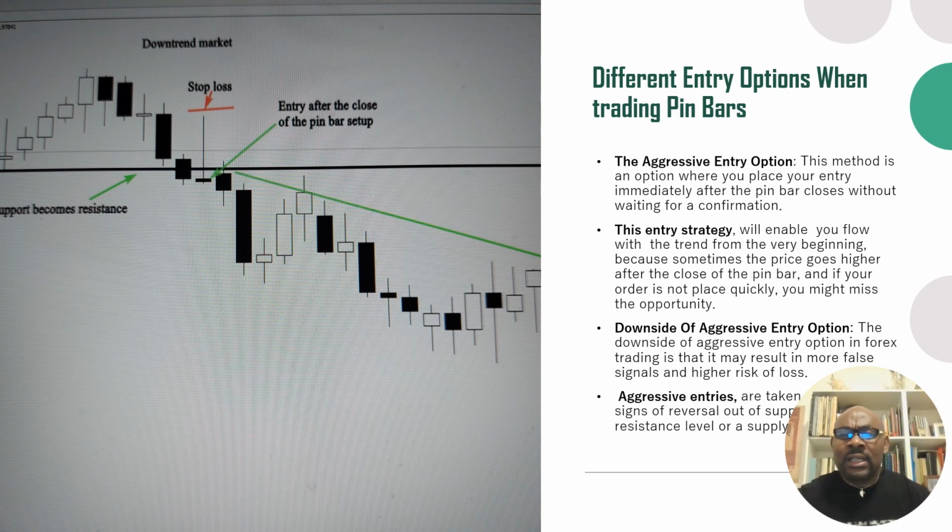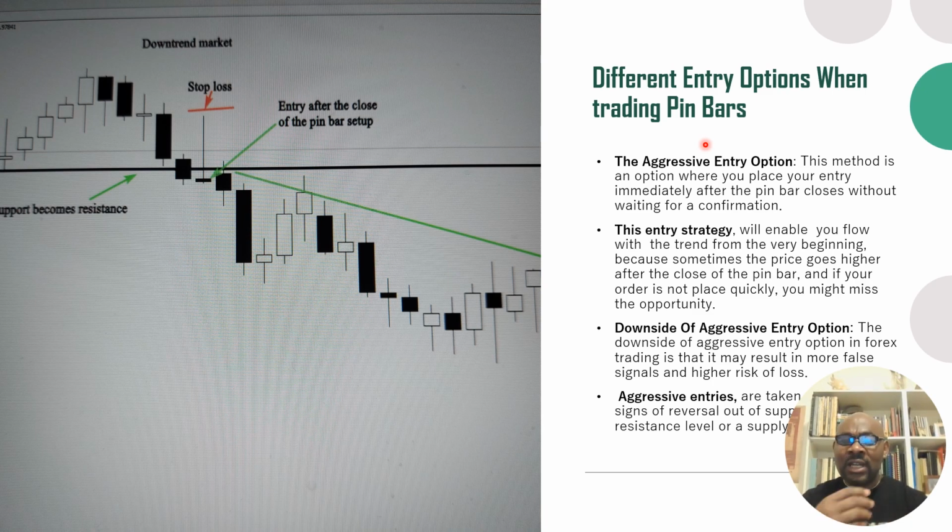That being said, today I'm going to be teaching us different entry options when trading pin bars. Like I told us before, pin bars are signals that come from the candlestick price action that let us know that there's a price rejection from a particular level.